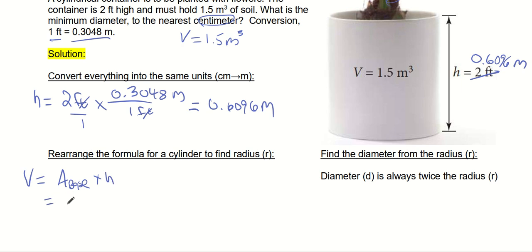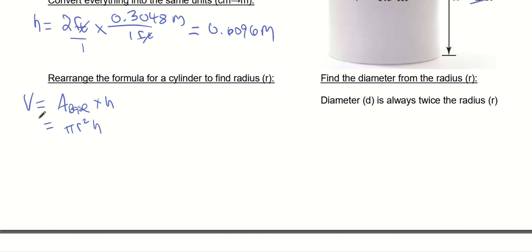Well, the area of the base, if you remember correctly, is pi r squared and then height. So that's the formula for volume. And if you rearrange this formula, you would end up with R equals the square root of V over pi h.